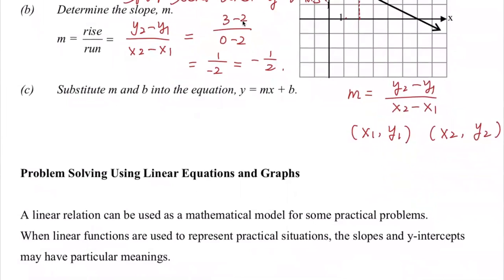So we can substitute m and b into the equation, and we can write the slope-intercept form of this equation, which is y is equal to minus 1 over 2 x plus 3. Okay. So like I said, if you know the concept, if you know the steps, then these questions will be very, very simple, very straightforward.